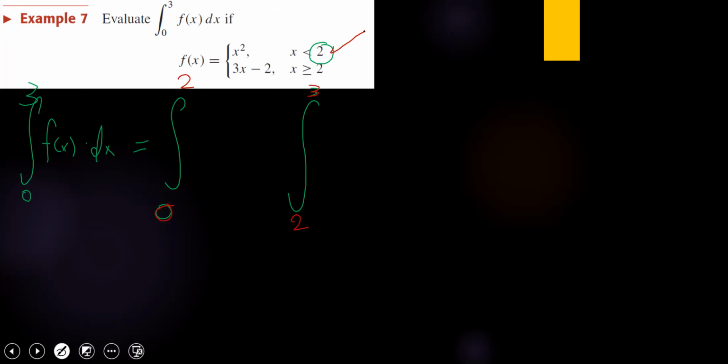If I'm talking about from 0 to 2, am I talking about x less than 2 or x greater than 2?